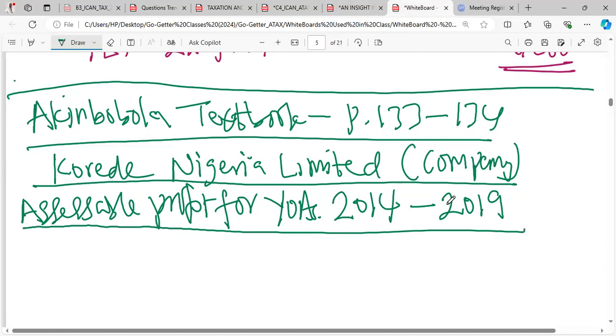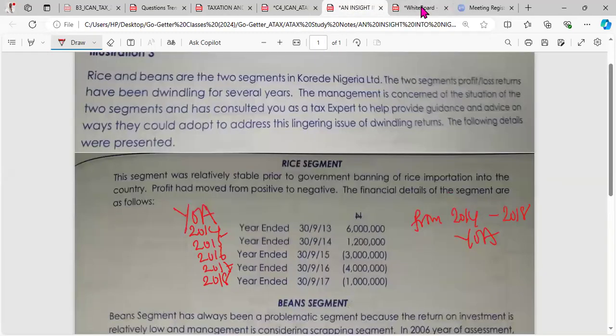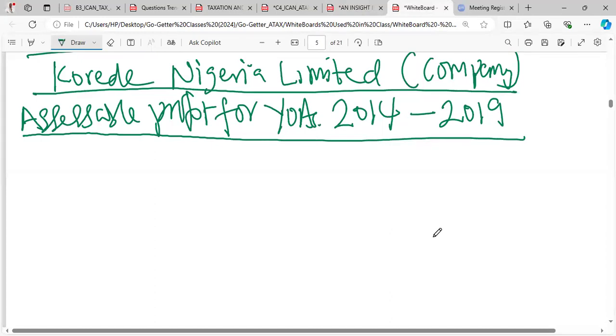So how do we do this? We have two segments. Rice started before beans. So I will say this is rice. This is beans.